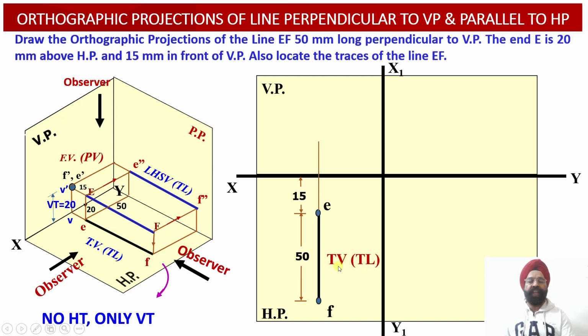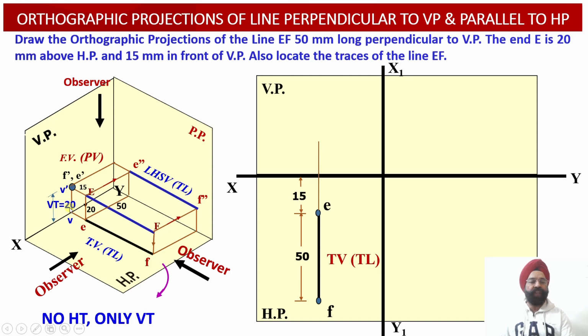So having obtained the top view projection, now let us proceed with the construction of the front view projection. As the observer looks at this line, both of these points E and F are going to coincide with each other, and we will be obtaining points F dash and E dash as a point view 20 millimeter above the XY reference line in the front view.